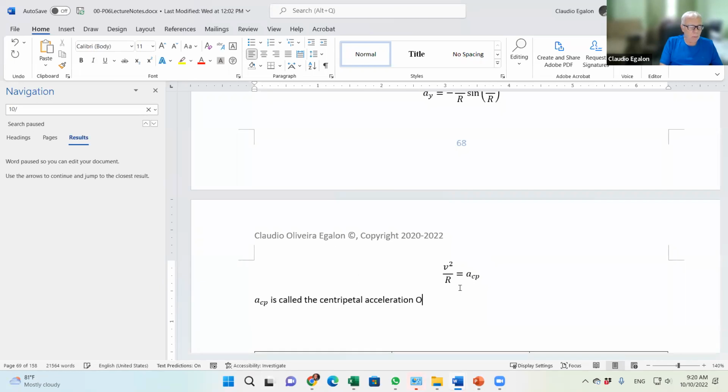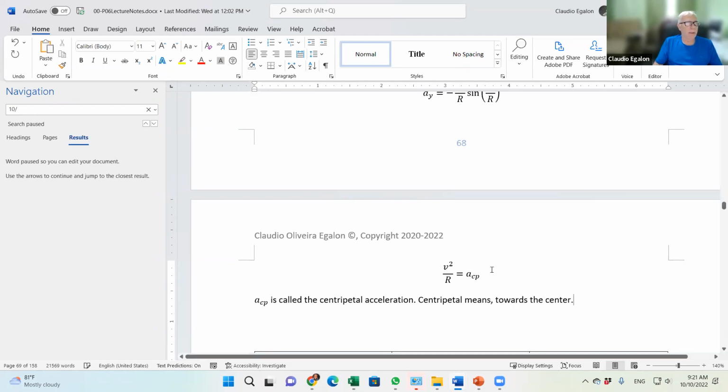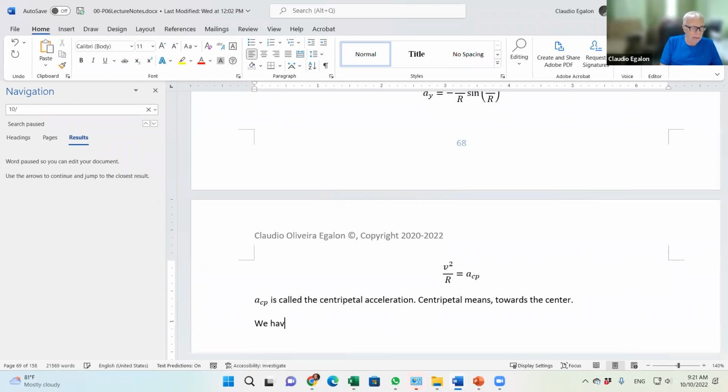Centripetal means towards the center. Petal, towards the center. We have centripetal acceleration, and we have centrifugal acceleration.